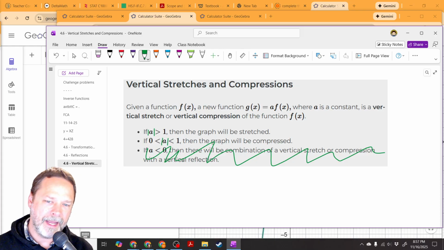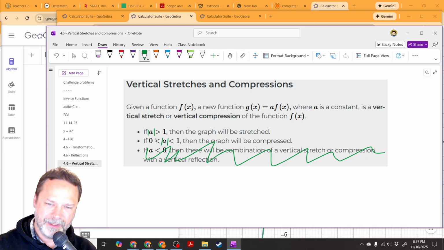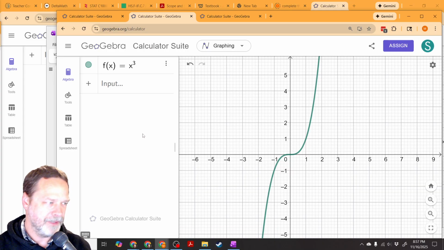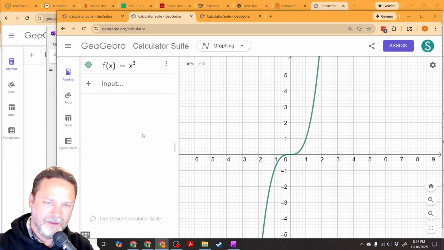We already know that, so we won't worry about that. What we'll worry about is just whatever is in front of it, take the absolute value. If it's greater than 1, we're getting a stretch. If it's between 0 and 1, we get compressed. Okay? So with that out of the way, let's see if we can mess around with this and see what happens.